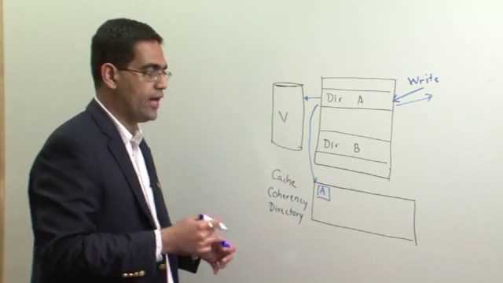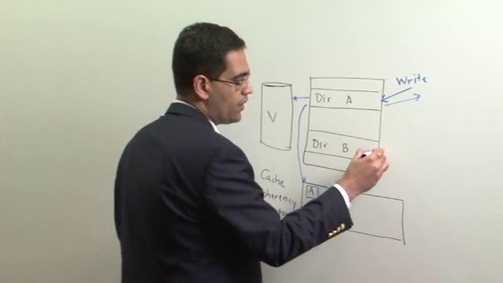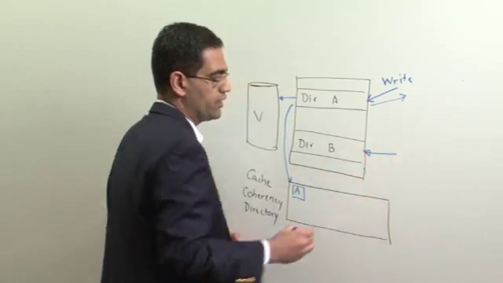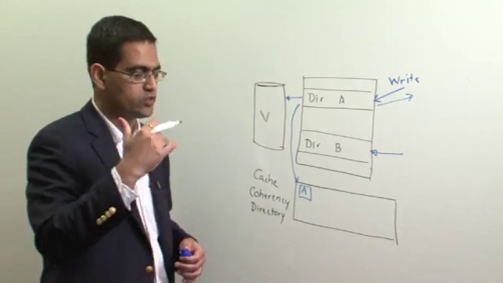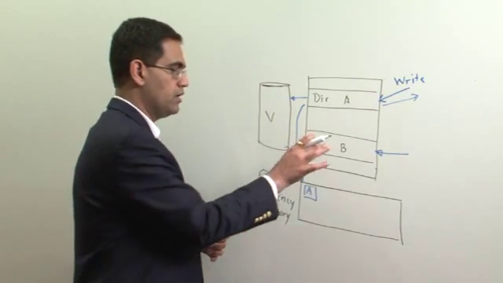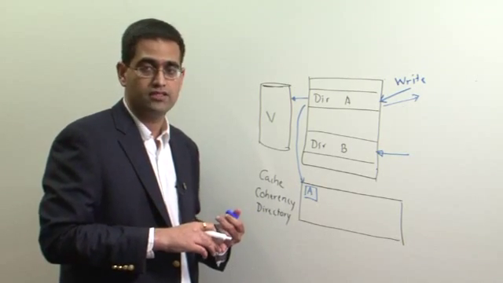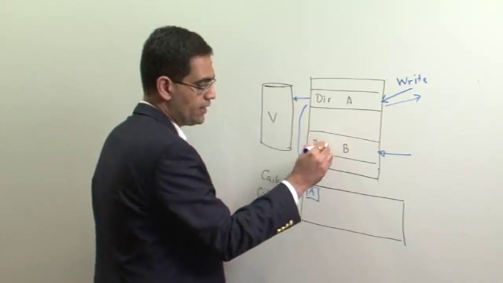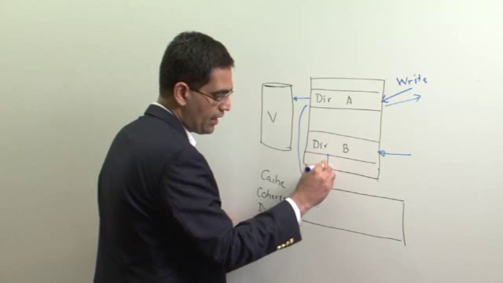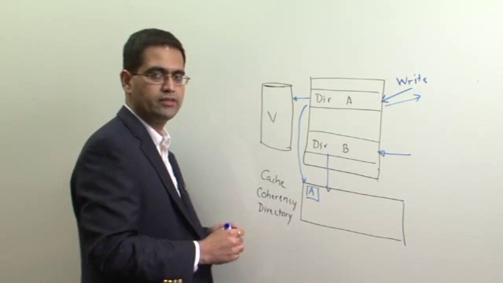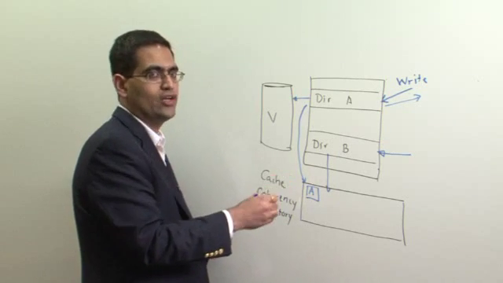Let's look at the scenario where that same block is now accessed through director B. Let's walk through that same algorithm again. Director B is going to check its cache and say, do I have it? Answer is no. It will then say, does anyone else have it? It'll go check the global cache coherency directory and say, aha, A actually has it.